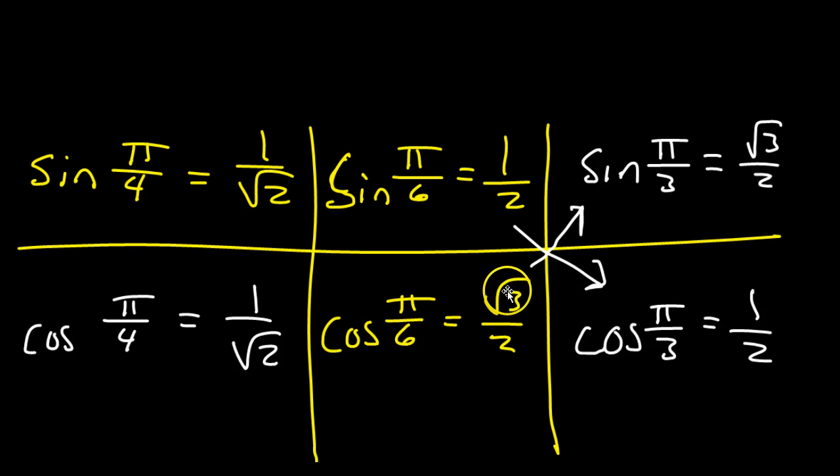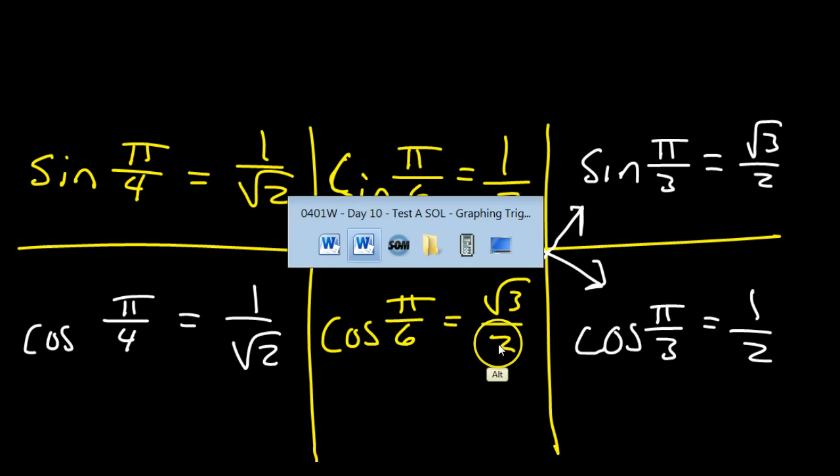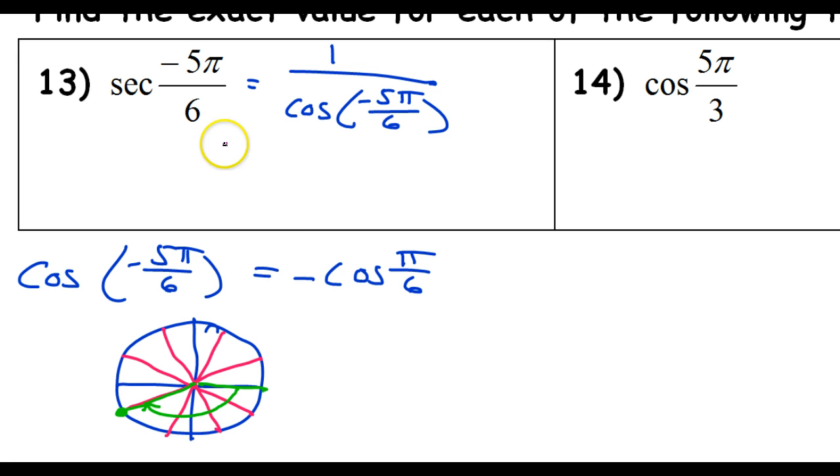Cosine of pi over 6 is radical 3 over 2. So that means I've got negative radical 3 over 2. The cosine of negative 5 pi over 6 is negative radical 3 over 2.